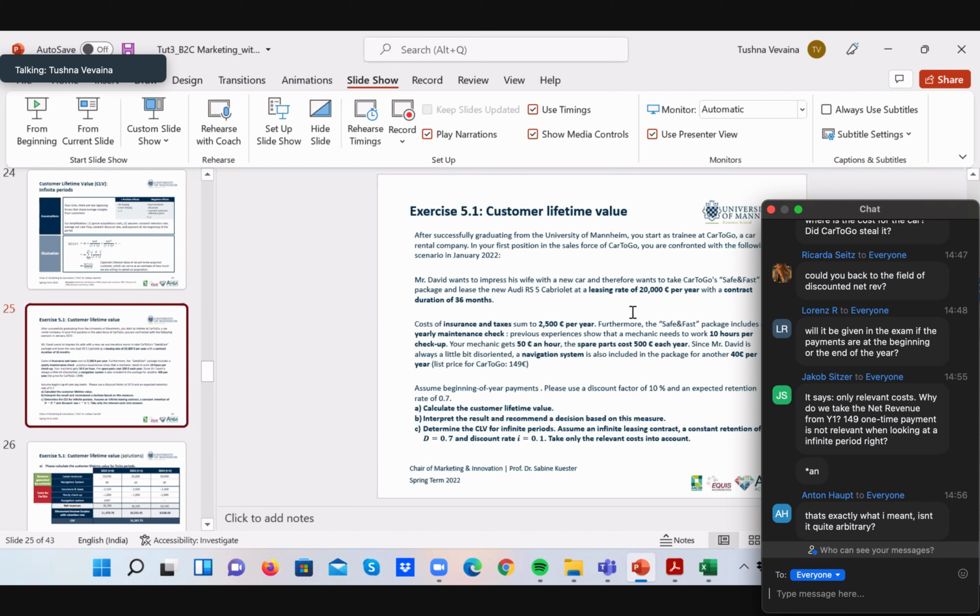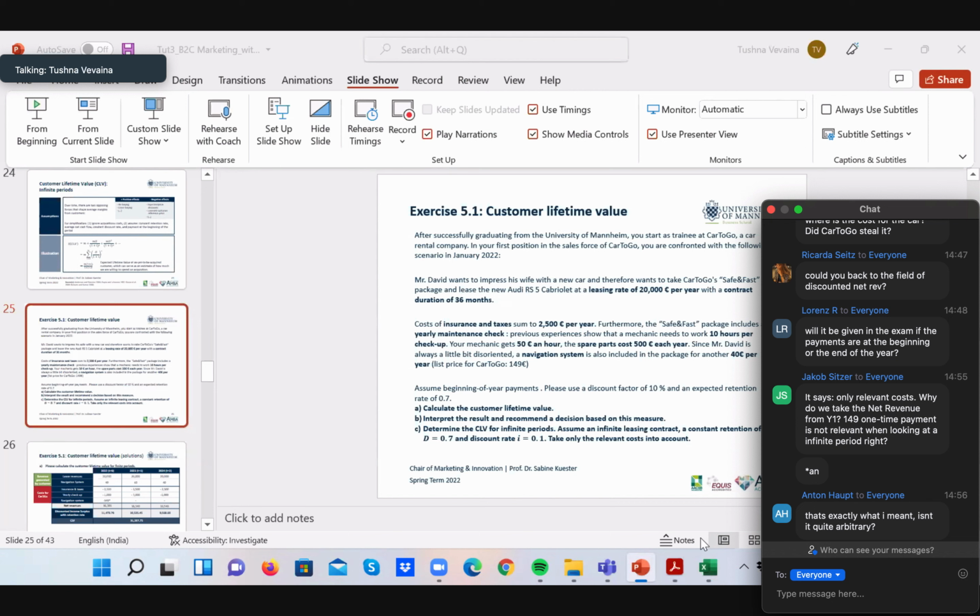We're not subjectively choosing, say, variable versus fixed costs. We're just taking all costs. Maybe this gets a little confusing, but it basically says just take all your costs. Okay, all right, thank you.